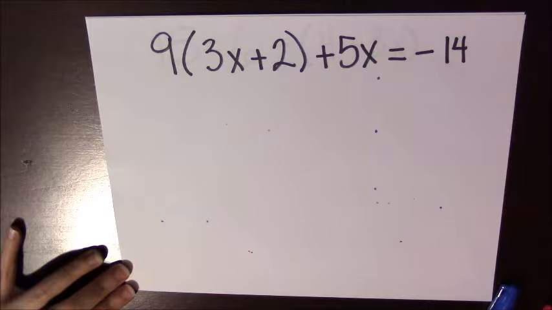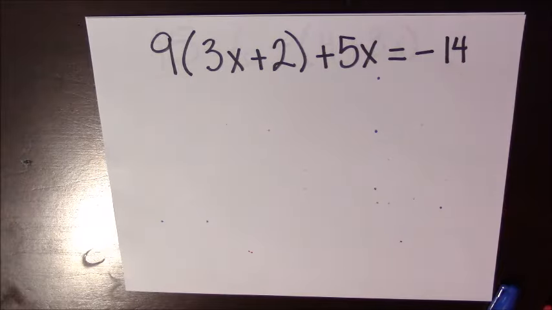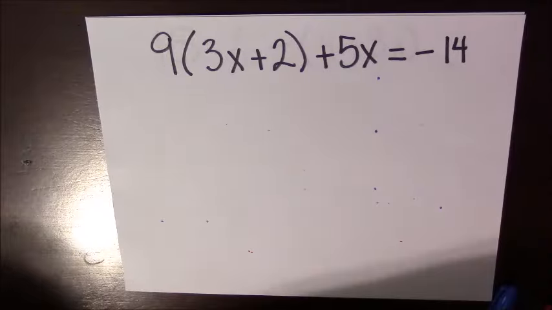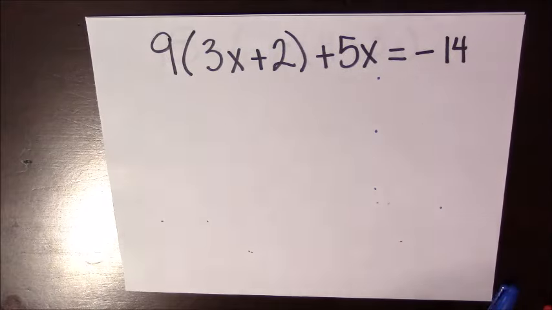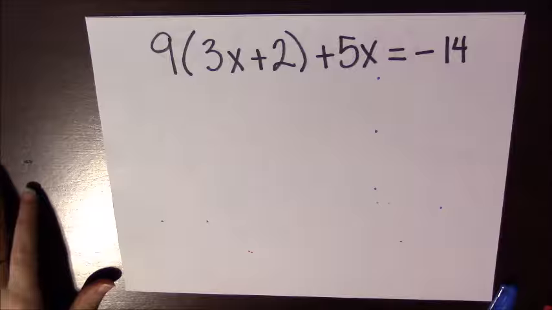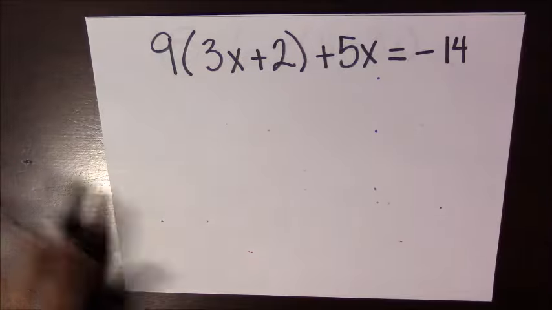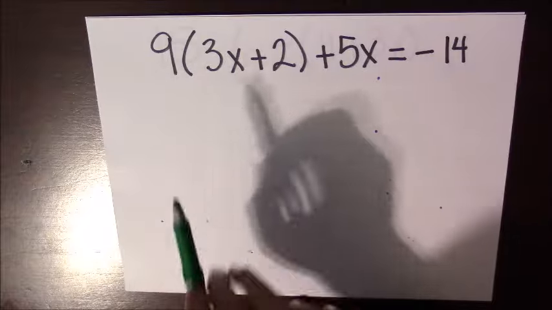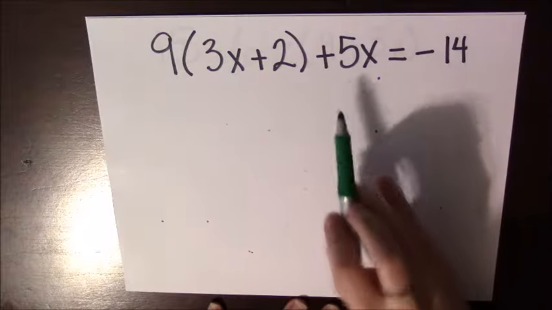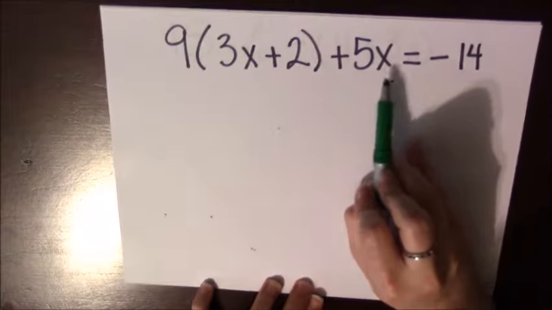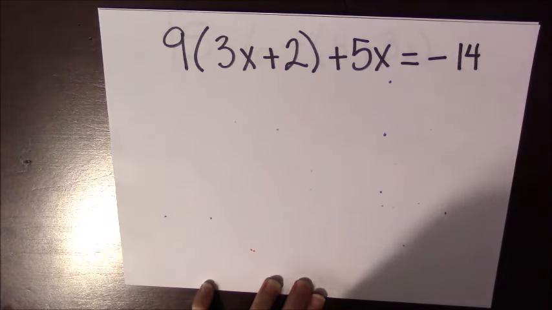This one, if you notice, has the distributive property. We went over the distributive property when we were talking about multi-step equations, so you should already know how to do this. So we're going to just dive right into it. Here I have 9 times the quantity 3 times x plus 2, end quantity, plus 5 times x equals negative 14.